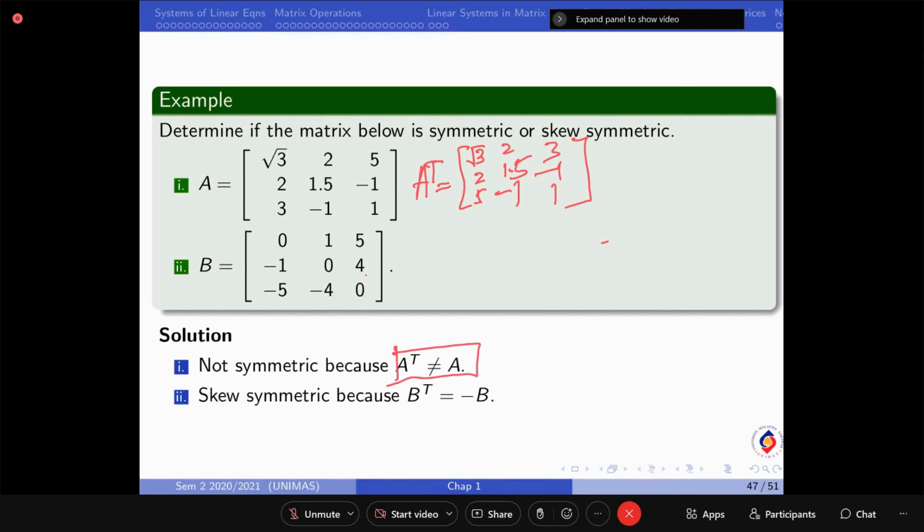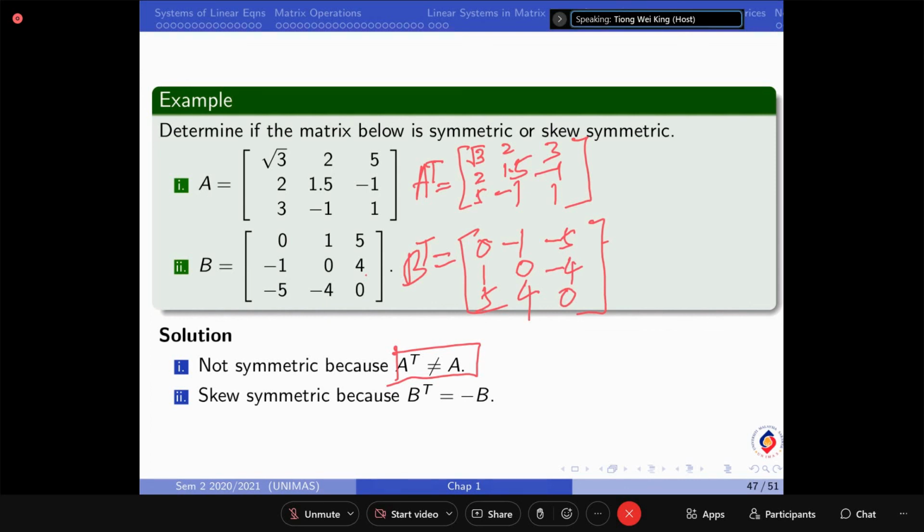And then for the second one, B, we first find B transpose. Again, rows become columns, so 0, 1, 5, negative 1, 0, 4, negative 5, negative 4, 0.